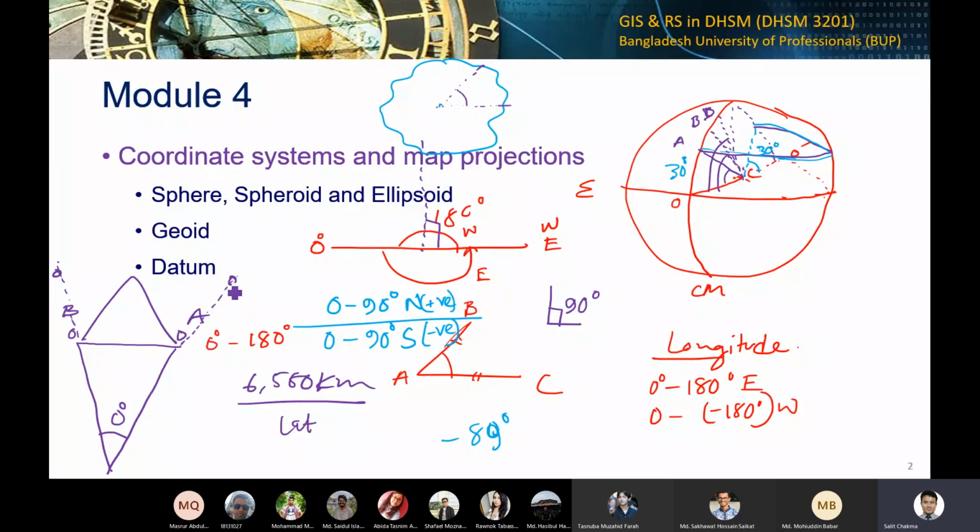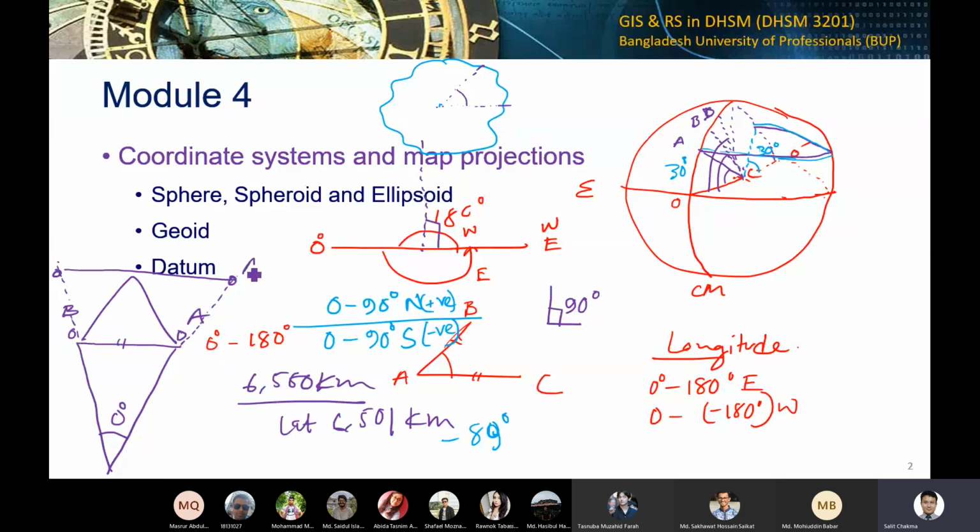And thus, the length of this side becomes 6,501 kilometers, and this one also becomes 6,501 kilometers. And if we calculate the distance between them, you will figure out that this side is longer than this one.